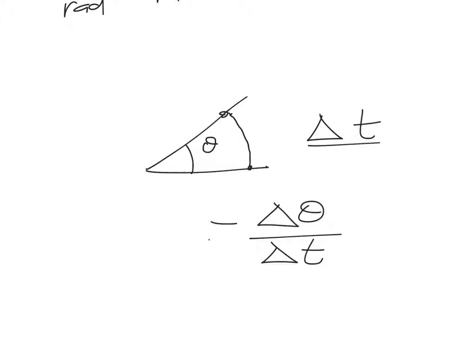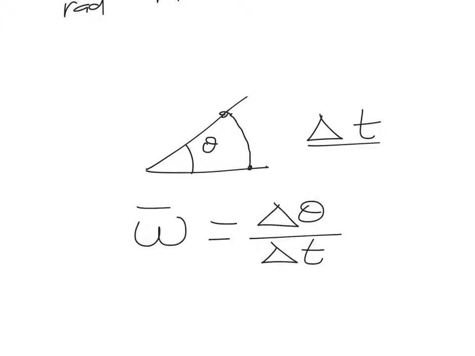Well, we're going to define that as its angular speed, and we're going to give it this Greek letter, which looks like a W, but I promise it's a Greek letter, omega. So omega, the average angular speed, will be equal to the change in angular position, theta, over the change in time. And that's just going to be our definition there.